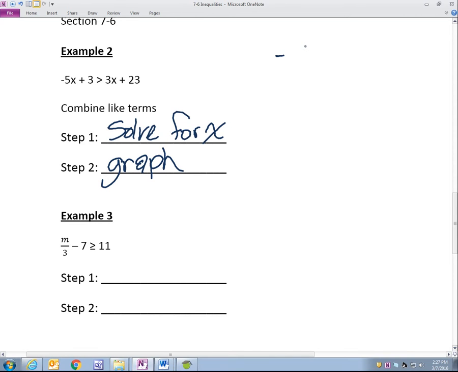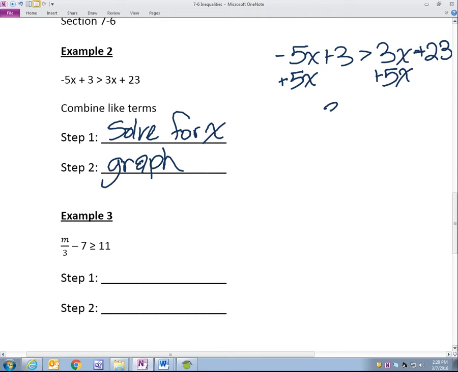So I'm going to rewrite this: 5x plus 3 is greater than 3x plus 23. To combine my like terms, I have two different terms here: my x's and my integers. It really doesn't matter which way I go at this point.